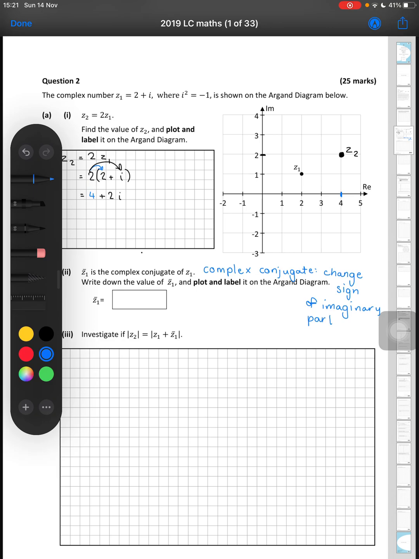If you didn't know that, take it down. So up here, Z1 was 2 plus i, so the conjugate of it is 2 minus i.